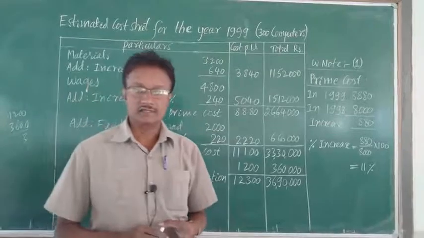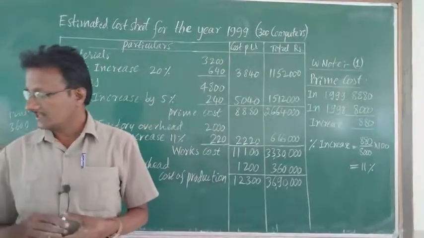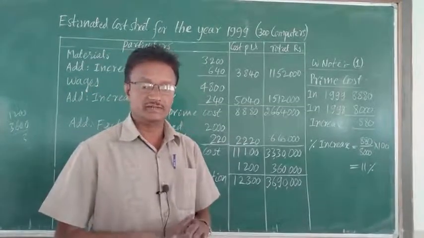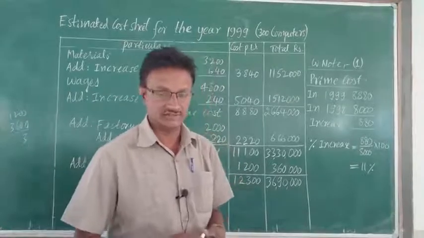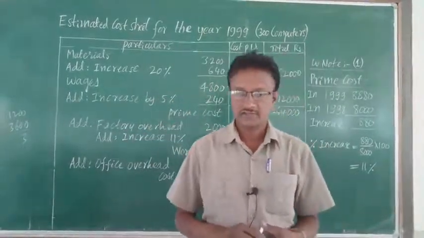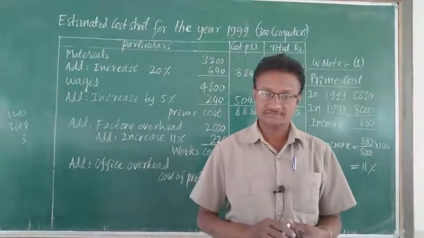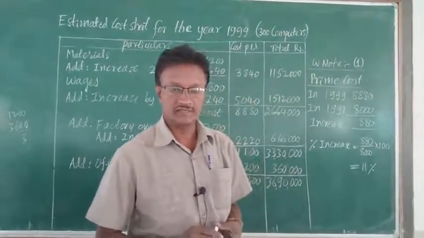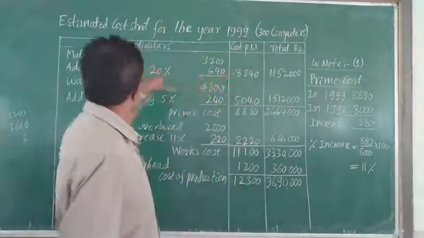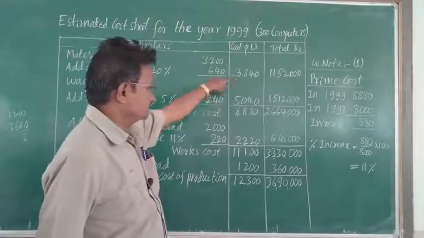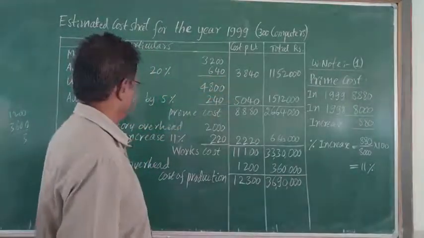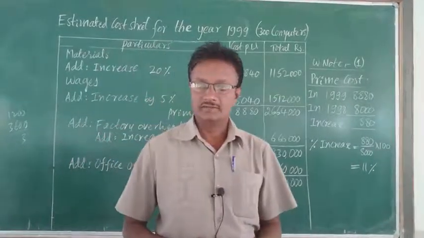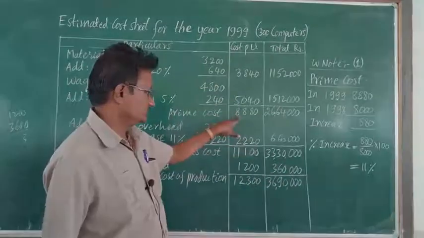The information given is factory overhead will increase in proportion to the combined cost of materials and wages. Here the combined cost of materials and wages is called prime cost.